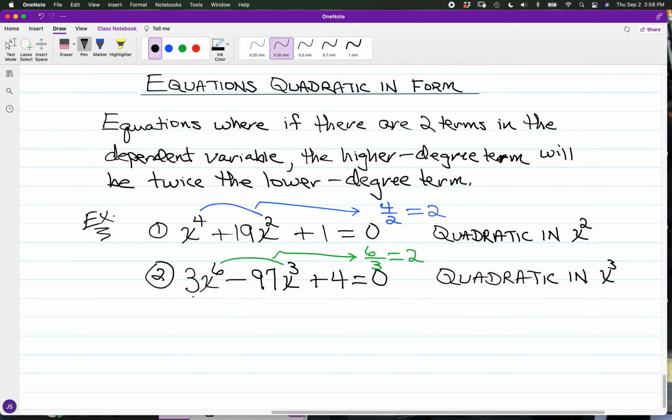Right. And this doesn't have to be just integer powers. I'll give you a situation here. If I have, let's say, 5x minus the square root of x plus 88 is equal to 0.